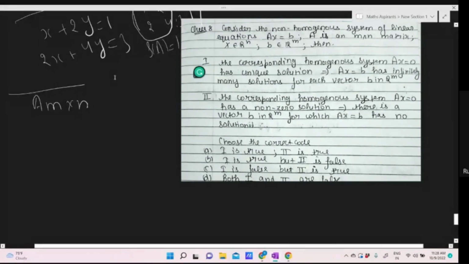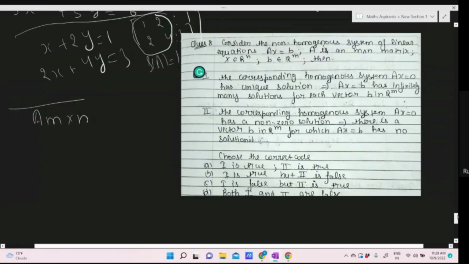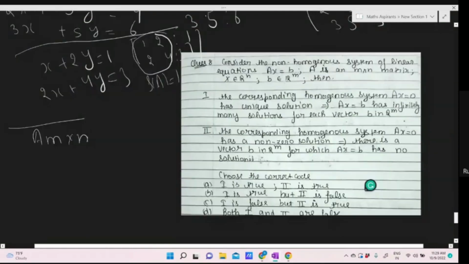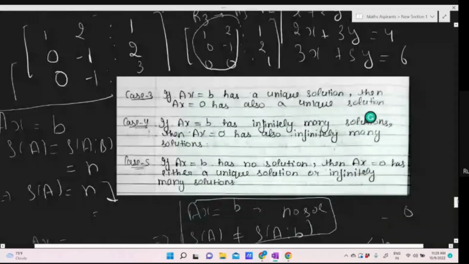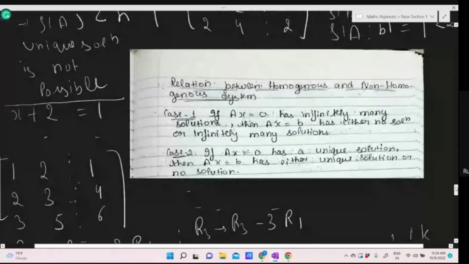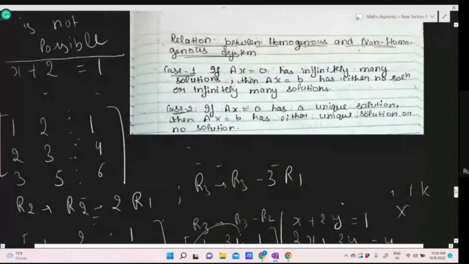Here it is given that the homogeneous system has a unique solution. Then the corresponding non-homogeneous system will always have an infinite solution for any value of B. Here you can see from case number 2 that we have discussed. Here the system has a unique solution.